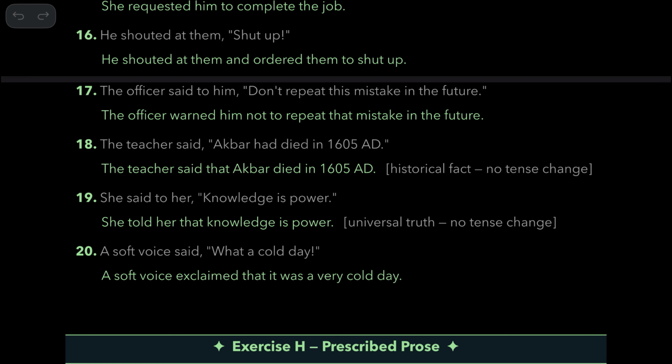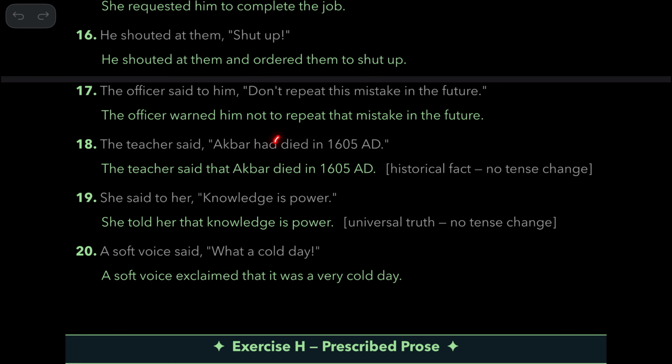This sentence seems to be already not correct because you cannot use had died in the direct speech. When we learned tenses, there is a rule. You cannot use past perfect referring to a single past event.